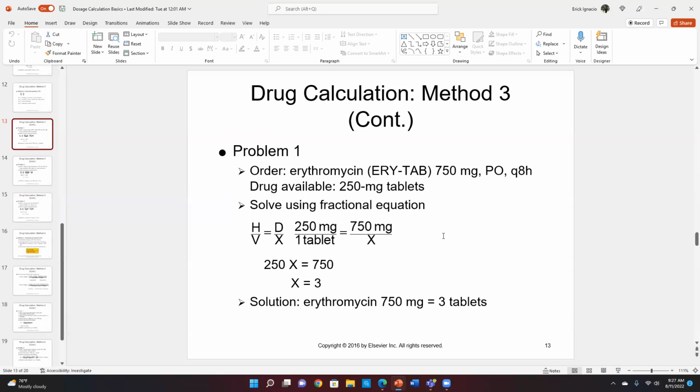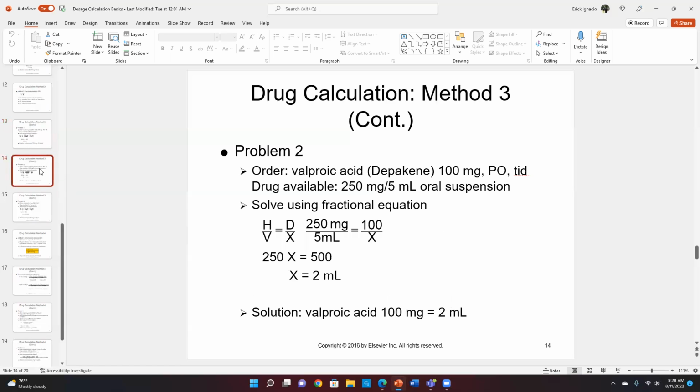We know that it's ordered 750 milligrams by mouth every 8 hours, but we don't know how many tablets we have to give. And that's when we solve for X. In this case, X equals 3 tablets. So every 8 hours, I will give my patient 3 tablets so they can receive 750 milligrams of erythromycin. Okay, so that is just a little further explanation.